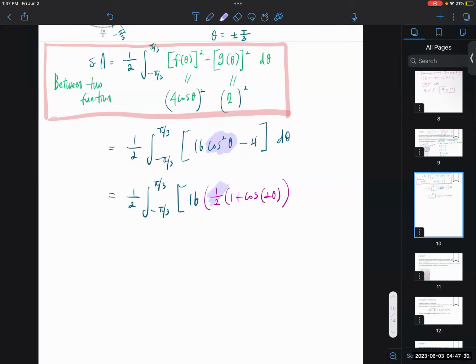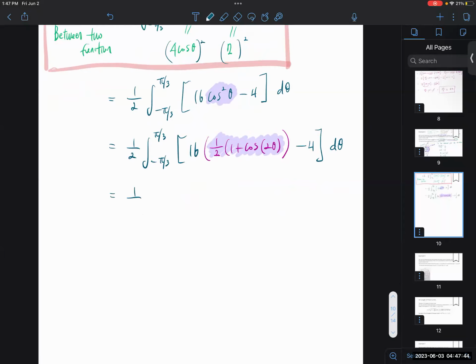They are the same. And minus 4. Then we take the integral. So 1/2 integral from minus pi over 3 to pi over 3, it's going to be 8 times 1 plus cosine 2 theta minus 4 d theta.